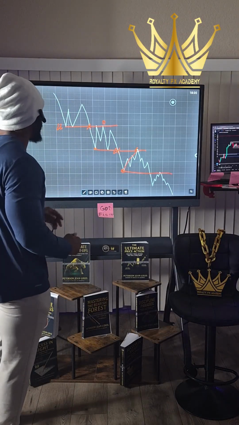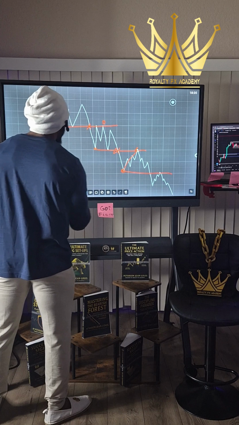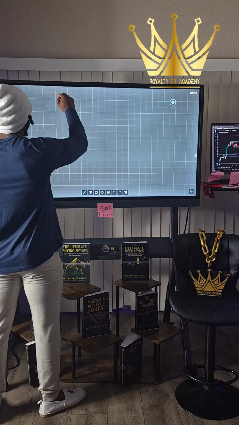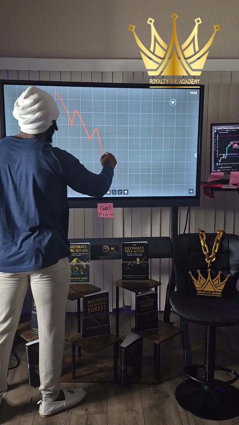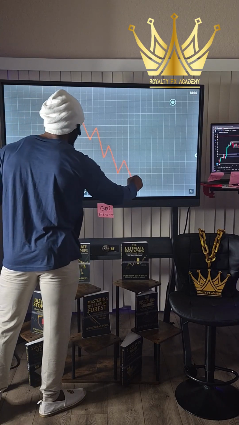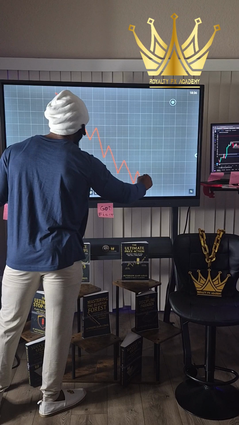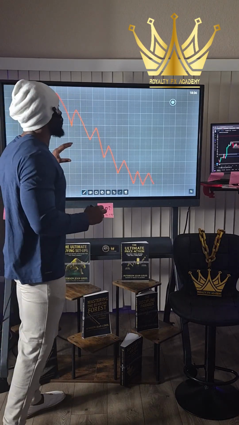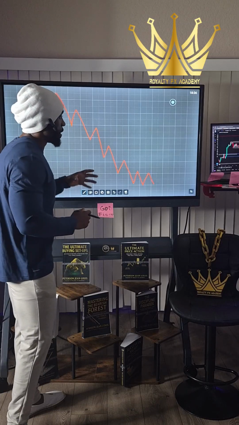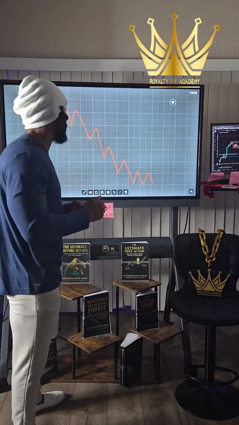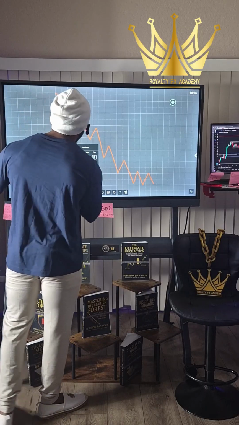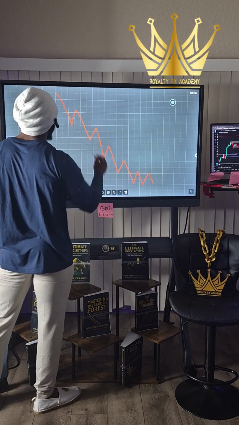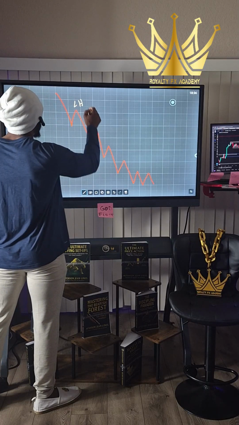Okay. Now, when it comes to a trend reversal, a downtrend again consists of lower lows and lower highs. For the market itself to be bearish and then become a bullish market, a previous high has to be broken. To be more specific, a lower high has to be broken.